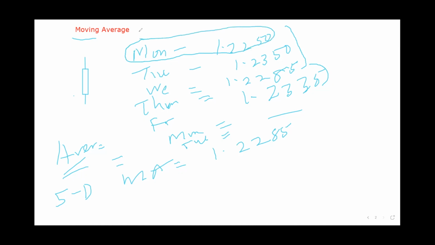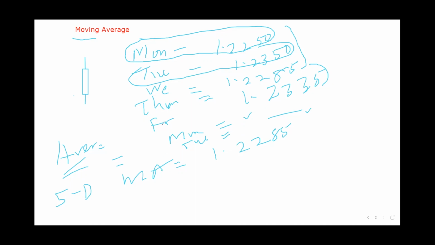The first data will be removed and replaced by the latest data. So we use the one for Monday and then the one for Tuesday, and divide by 5. On Wednesday, we remove this one also, and then use 1, 2, 3, 4, 5 and the one for Wednesday. You just continue like that.